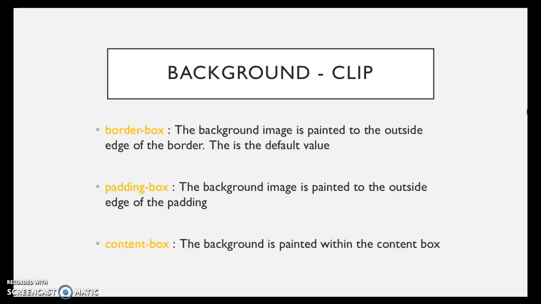With border box, the background image is painted to the outside edge of the border, and this is the default value. With padding box, the background image is painted to the outside edge of the padding. And with content box, the background is painted within the content box.